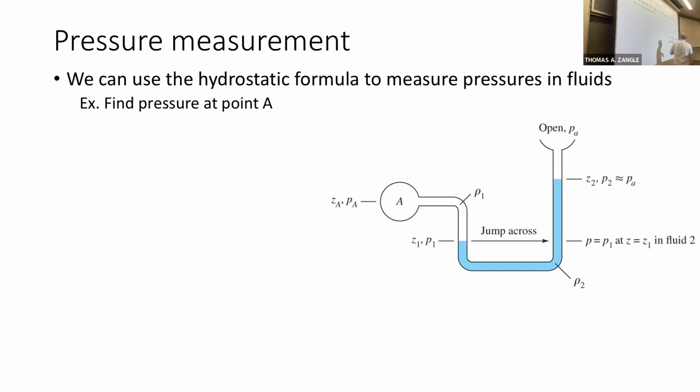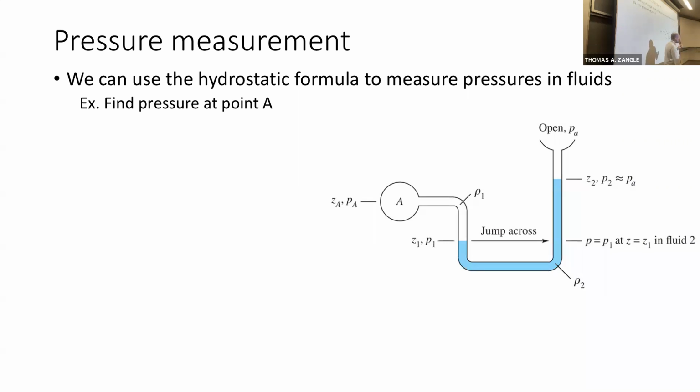So, the pressure at this point 1, right here, is it higher or lower than the pressure at this point here? Higher. So the pressure increases as you move down in the fluid.